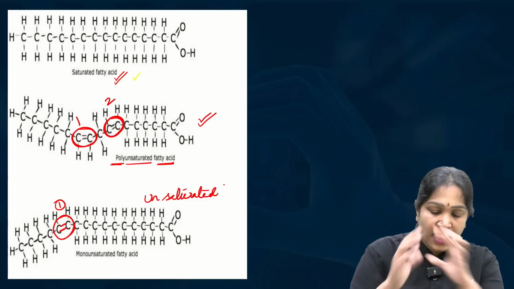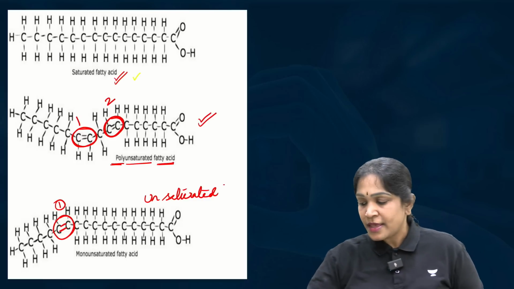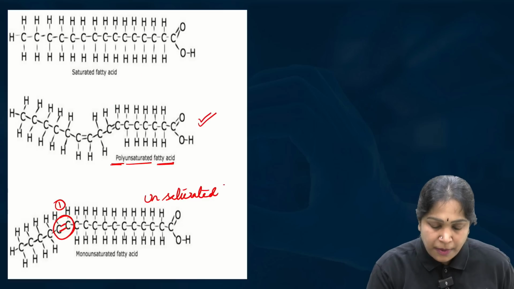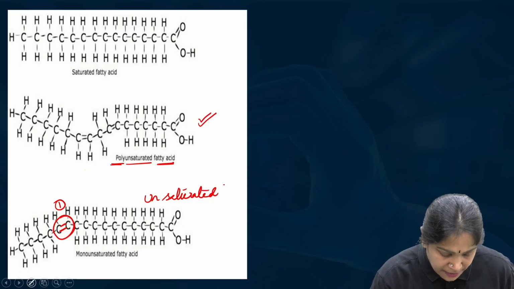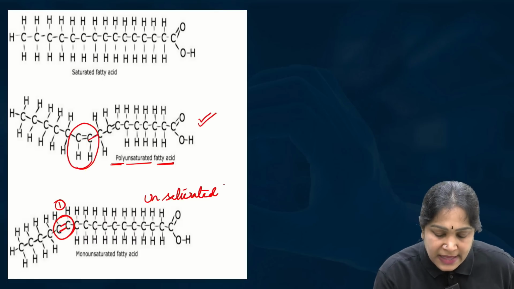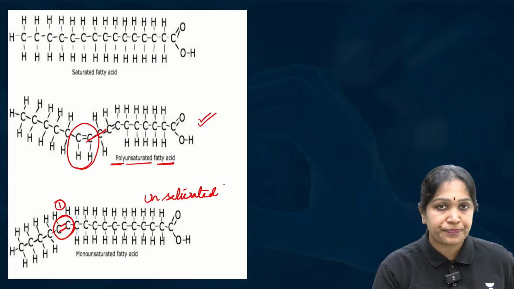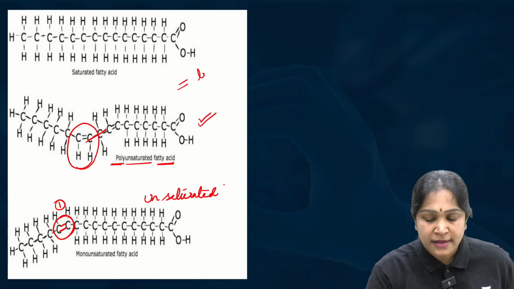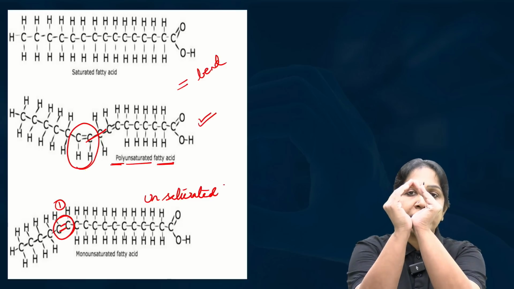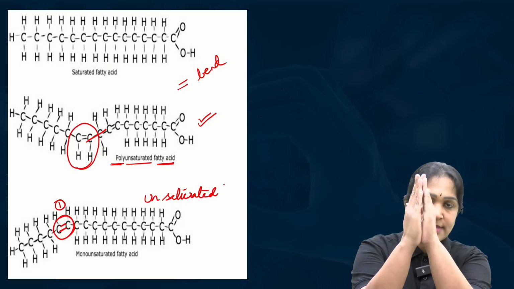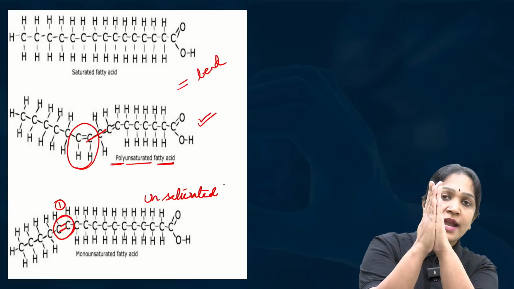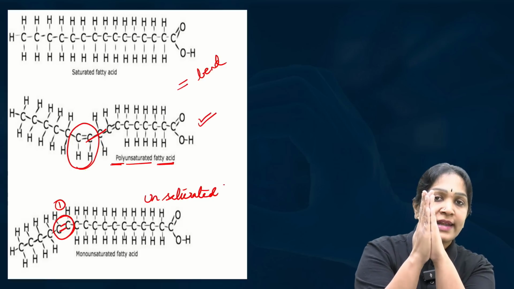But when you observe the unsaturated fats, you can easily notice that wherever there is a double bond, the carbon chain will have a bend in the structure. It means the fatty acid will be like this, instead of like this. It is difficult to disturb this kind of structure because it is tightly packed.